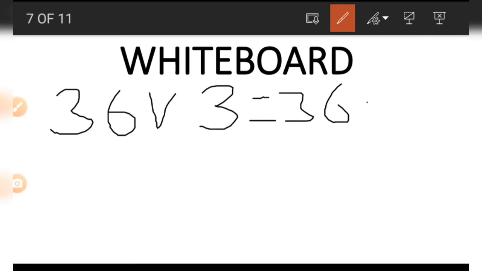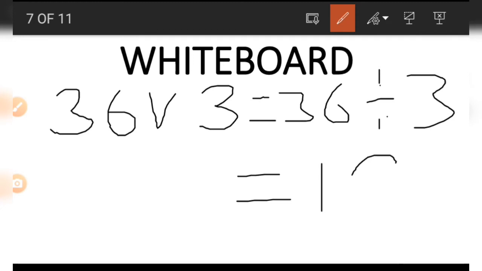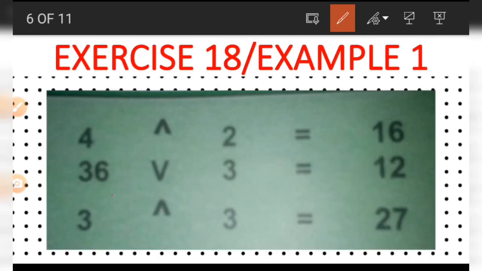So that simply means 36 divided by 3. Of course, the answer is clear. It's 12. 12 is the answer. So that is how we got the 12.